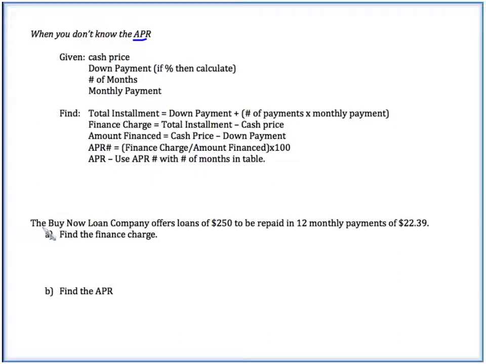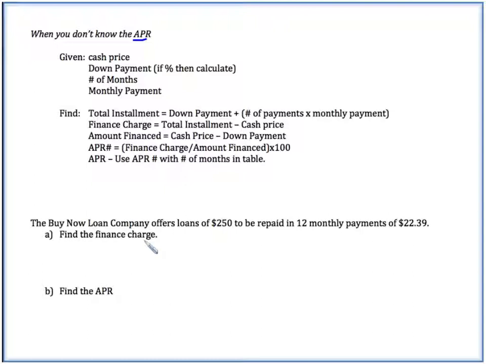Okay, so let's give the Buy Now loan company a try here. They offer a loan of $250 to be repaid in 12 monthly payments of $22.39 each. So the first thing we want to do here is find the finance charge. Well, we have to think about that as the interest.